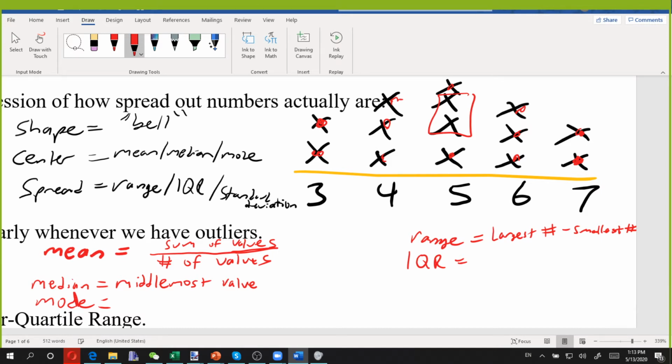The third quartile minus the first quartile, something like that. Okay, that's perfect. Let's go through and we'll see if we can do that really quick.